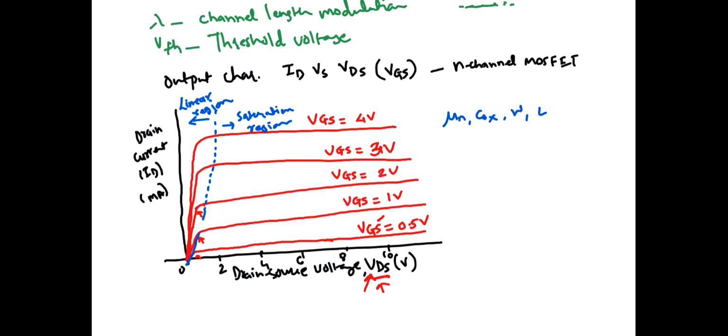Second point is, this is for the N-channel. As I said before, this is your N-channel MOSFET output characteristics, the output curve, which is ID versus VDS for given values of VGS. What would be the output characteristics for the P-channel MOSFET?